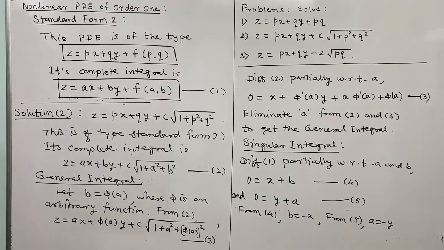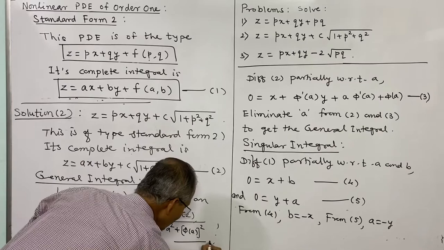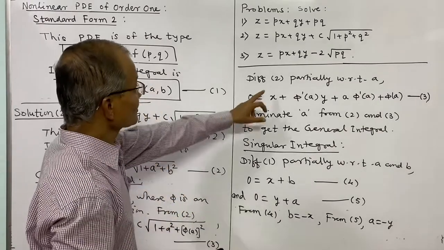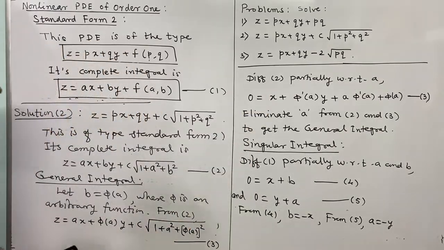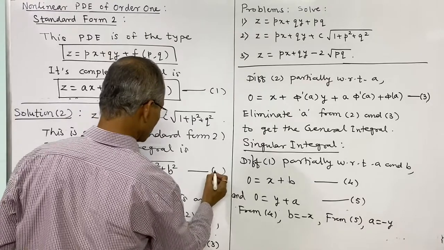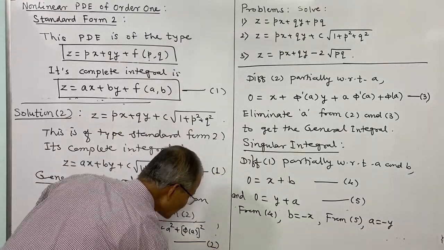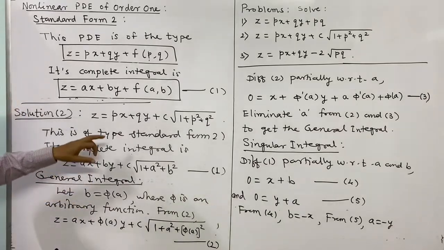Now what we shall consider is that we have written here. So differentiate 2 partially with respect to a. We are numbering the solution only; the original equation we have not numbered.